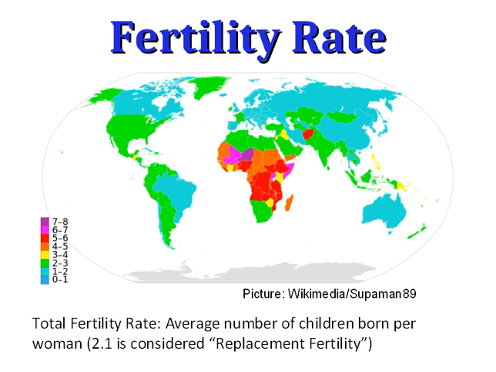This is what's referred to as replacement fertility. This is the fertility rate that's necessary in order to keep the population stable in the long term. So on average, each woman within a society would need to have 2.1 children in order to keep that population stable with no emigration or immigration going on.